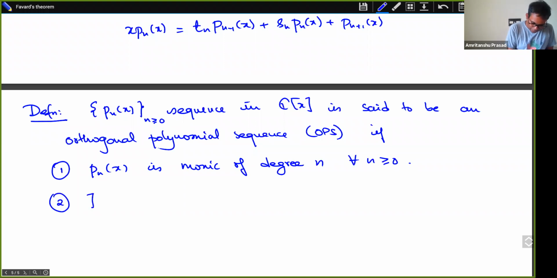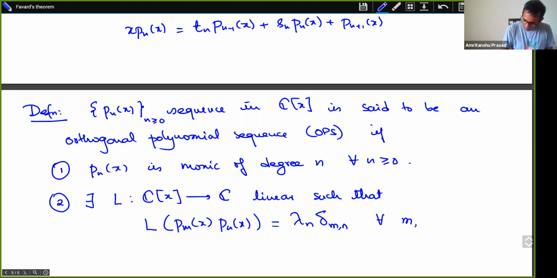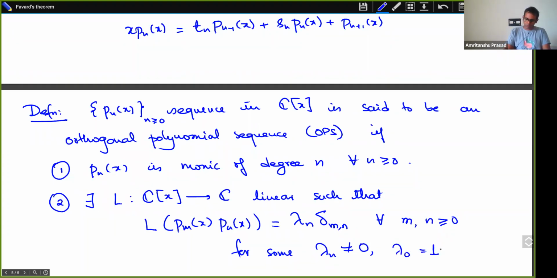And secondly, there exists a linear functional L, just C-linear, such that L of P_m(x) P_n(x) is equal to, well, I can write it using the Kronecker delta, lambda_n delta_{mn} for all m, n greater than or equal to 0, and here we insist that these lambda_n's are non-zero, and we normalize the sequence so that lambda_0 is 1.